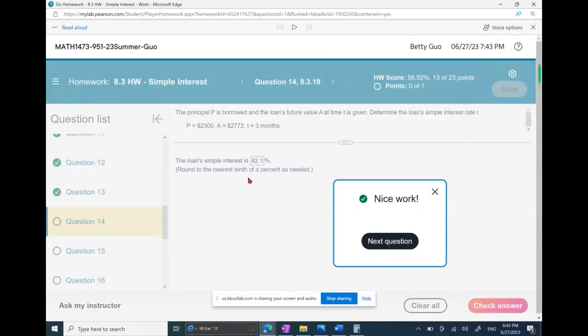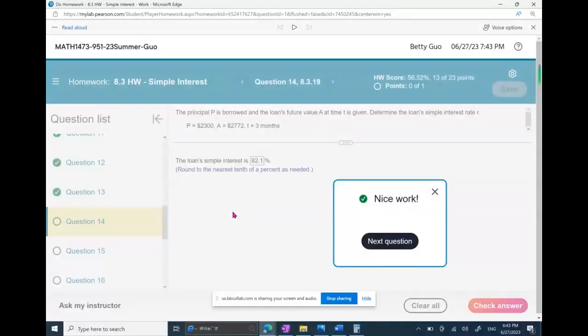Okay, so let me repeat what we have done for this question. I used the concept of interest rate. Interest rate is just the interest amount for 1 year divided by the principal.